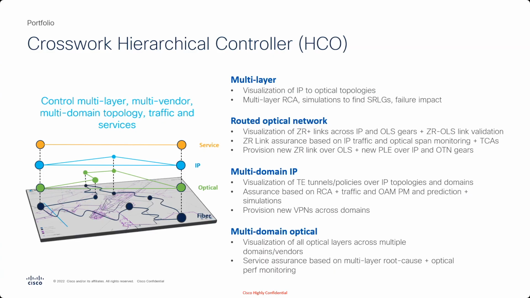Or it can be a different technological domain, like in routed optical networking. So we have an IP domain managed by the IP domain controller that is CNC, and maybe we have the optical controller that is managing the optical domain. So in this case, HCO is fundamental in doing the visualization end-to-end, but it's not just visualization.